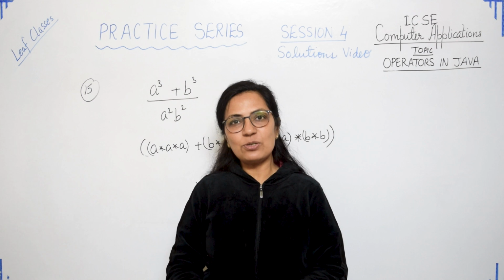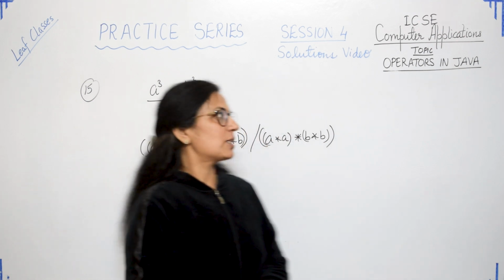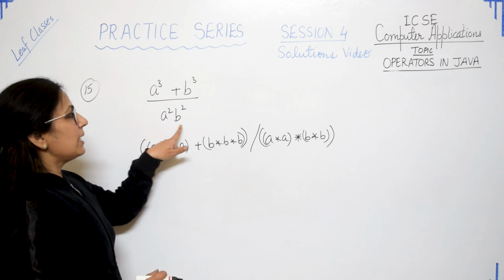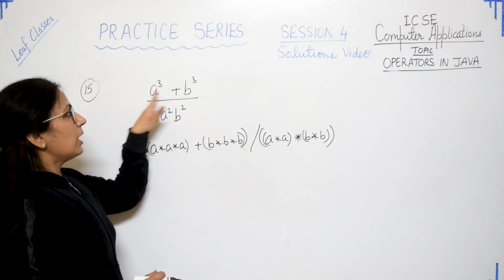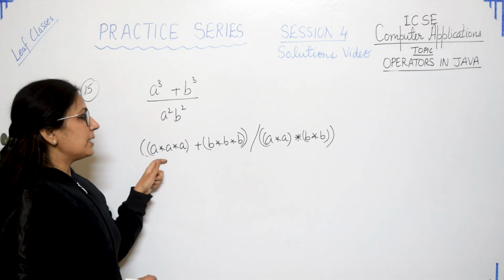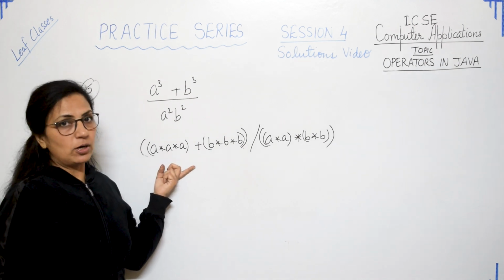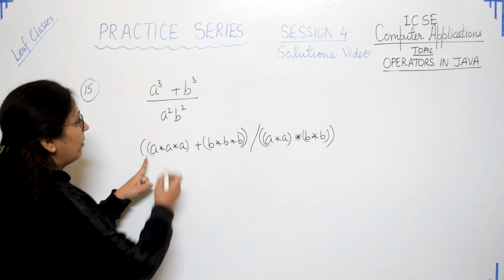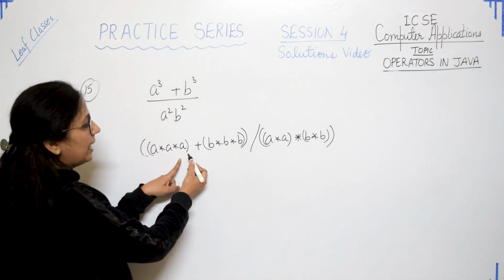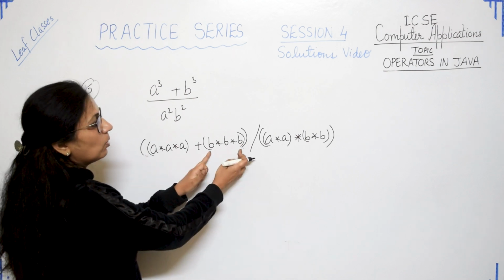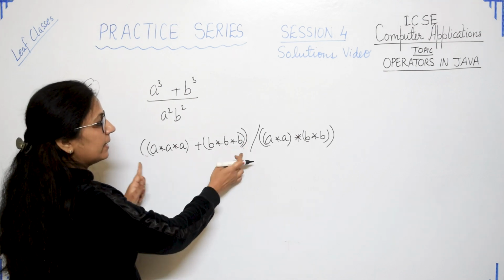Question number 15 is to write the Java expression for the given expression, and the expression is a cube plus b cube divided by a square plus b square. For a cube, we can write a into a into a like I have written here, or even you can use the Math.pow function. So I have written for this a plus b asterisk b. These two I have enclosed within the brackets and then the outer bracket.